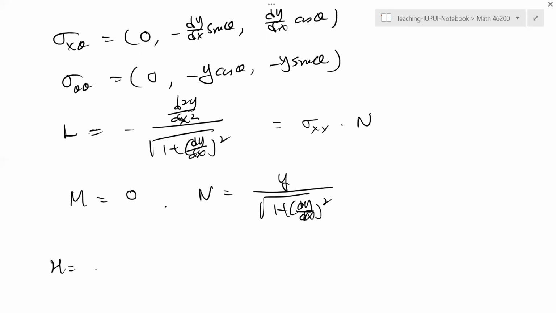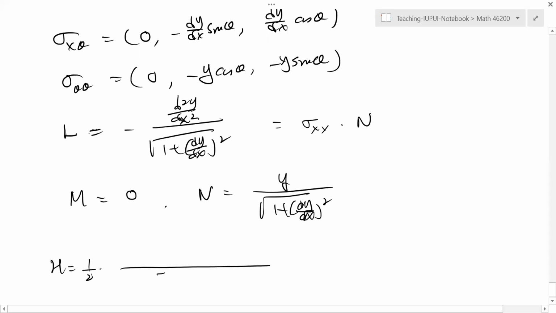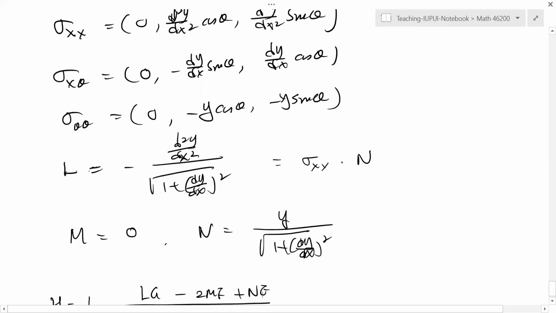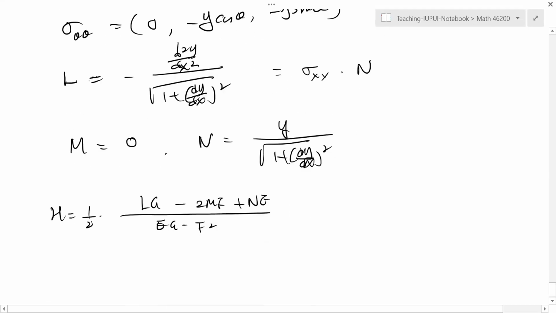Okay. So let's see. H is half of EG minus F squared, LG minus 2MF plus NE. So MN is going to be 0. That's fine.